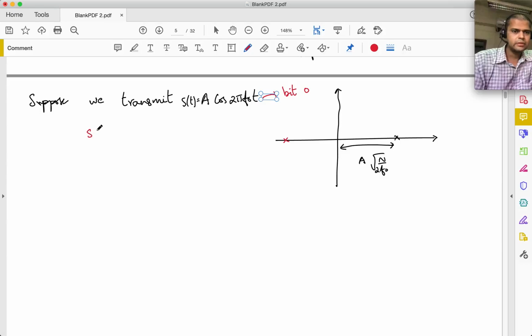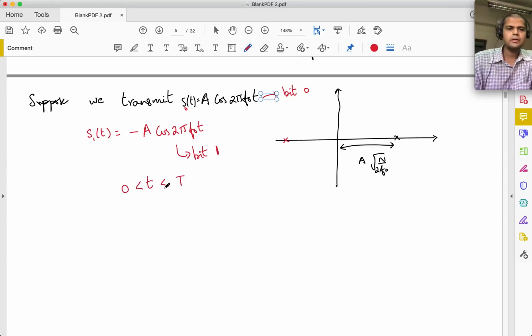So the signal that I am transmitting, let's call this S0 of t, I am transmitting when the bit is 0, and I am transmitting S1 of t, which is minus a cos 2 pi f0 t. Okay, so this corresponds to bit 1. And I am transmitting this for t between 0 and capital T, so for one time period, and I said this is equal to n divided by f0.